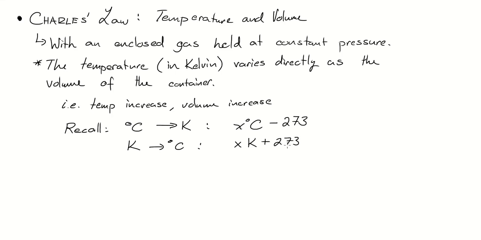So 0 Kelvin plus 273 is 273 degrees Celsius. Because notice, one's going from Celsius to Kelvin, so we subtract. What's the opposite of subtracting? You go the other direction. Yep, that's all that's happened.